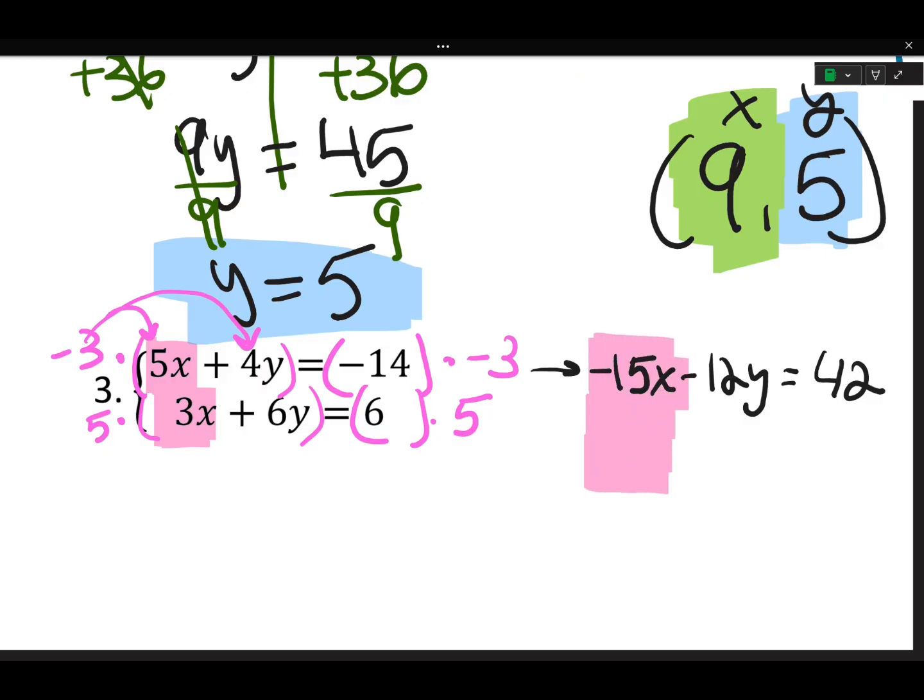Perfect, and it's negative 15. On the bottom, 5 times 3x is positive 15x. Good, we've got opposites. Positive 5 times 6y is positive 30y. And on the right side, 6 times 5 is 30. Fantastic. Let's add it all up together.